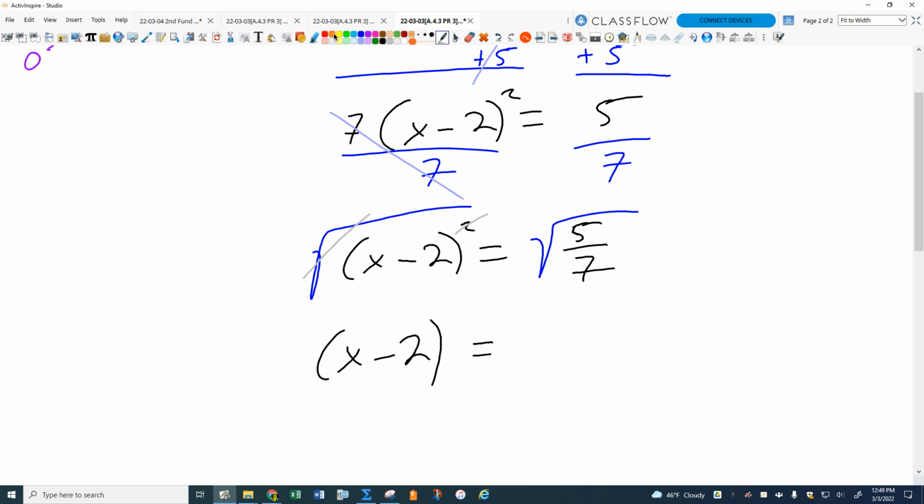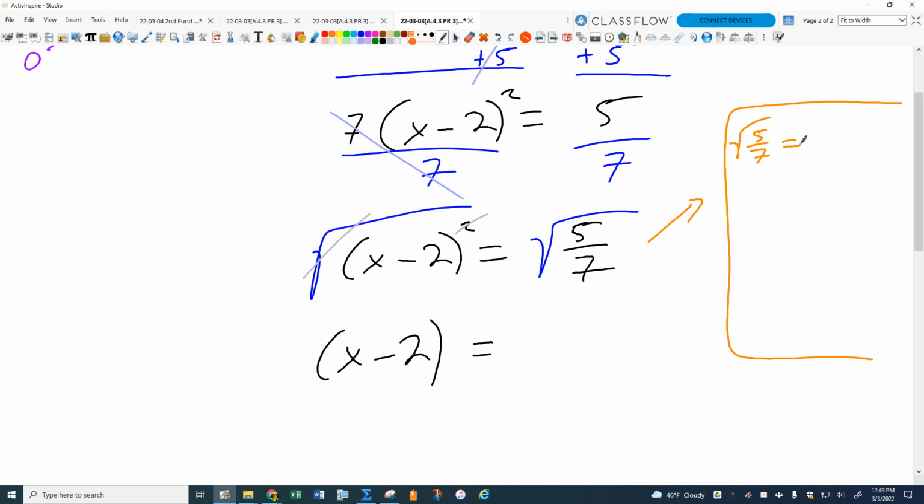So let's do just a little quick side work here. The square root of 5/7. Let's go through the steps to simplifying. What's the first thing I would probably do here? Separate it.